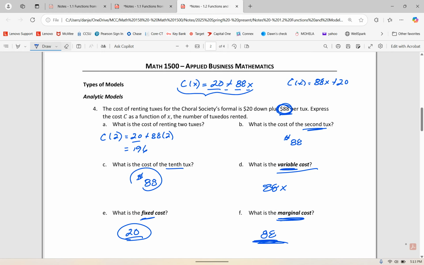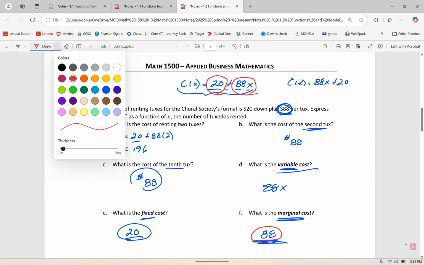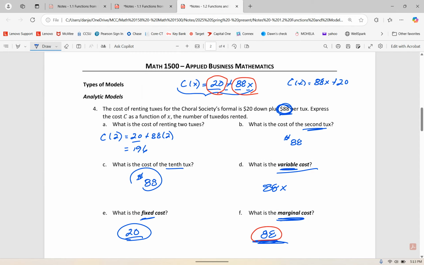So if I look at the function itself, 20 is the fixed cost, 88x is the variable cost, but 88 is the marginal cost. So that's a little bit of vocabulary there.